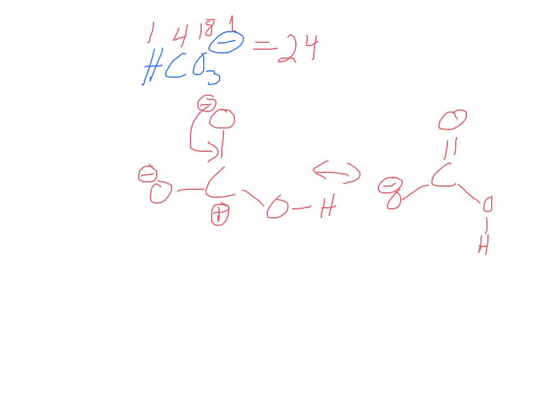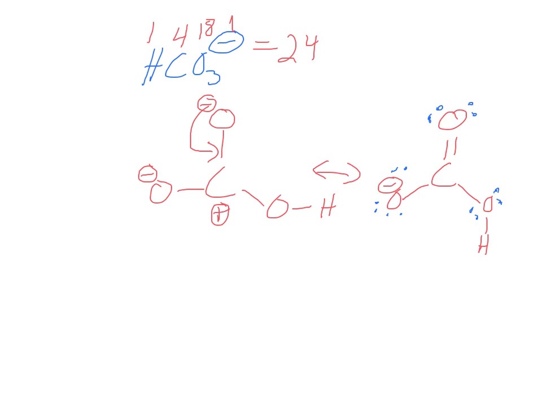So now we've got to check to make sure, right? So let's check one of these structures to make sure we've used all the electrons. The first thing we're going to do is draw in our lone pairs. This is good life advice. Always draw in your lone pairs. Write that down. So I've drawn all of my lone pairs in.